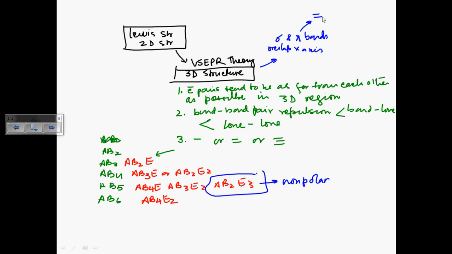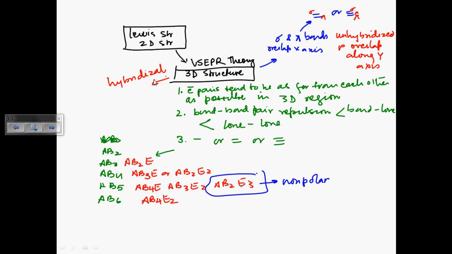Pi bonds are formed as double or triple bonds. So the first bond is always sigma. The second and third can be pi bonds, and pi bonds can only be formed by unhybridized p orbital overlap along the y-axis.